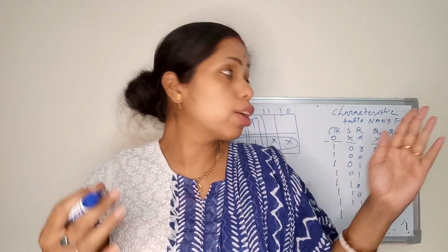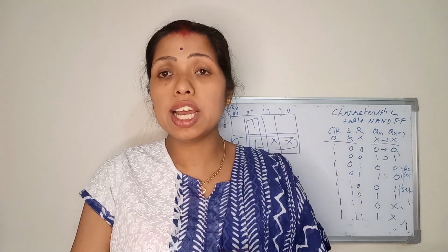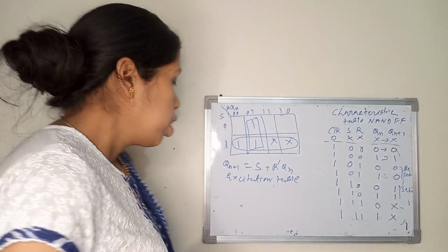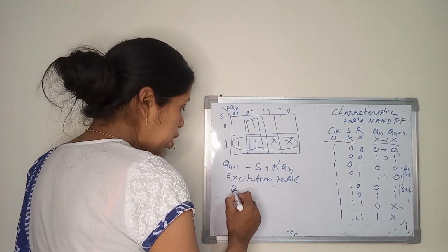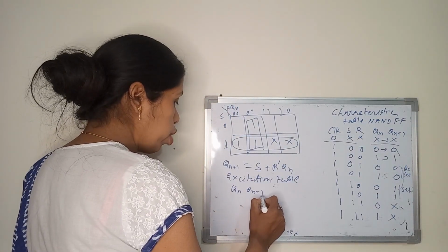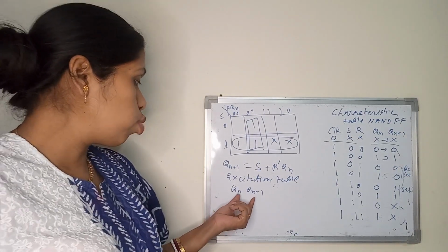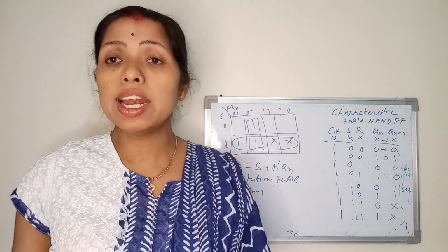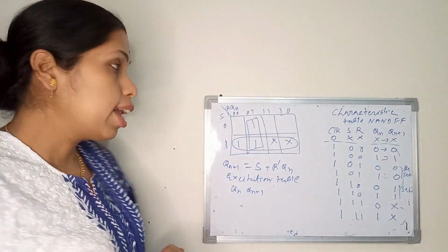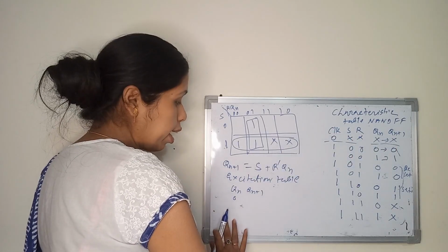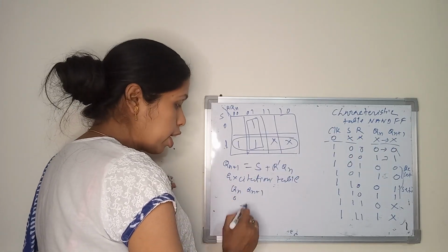That means Qn and Qn plus 1 I'll put on the left hand side, and S and R I'll put on the right hand side. So Qn and Qn plus 1, these two will act as inputs only. Suppose these two are inputs, how many combinations can I write? 4 combinations I can write. So from the characteristics table I can write down the excitation table, that I am telling now.